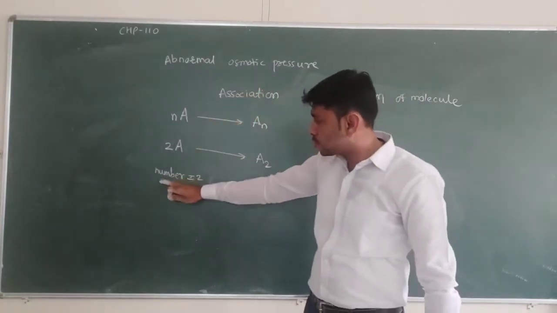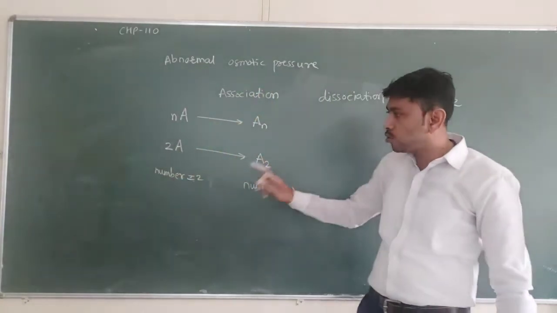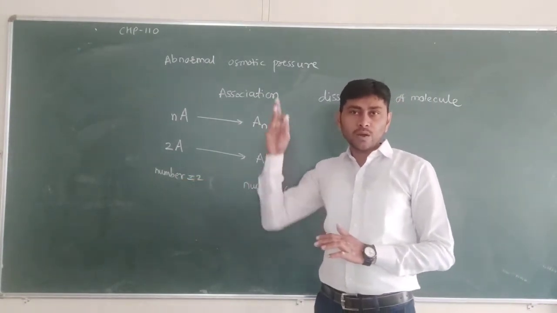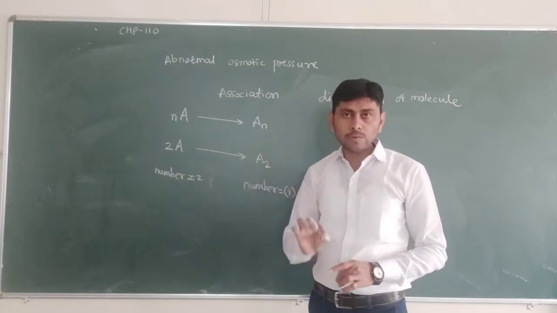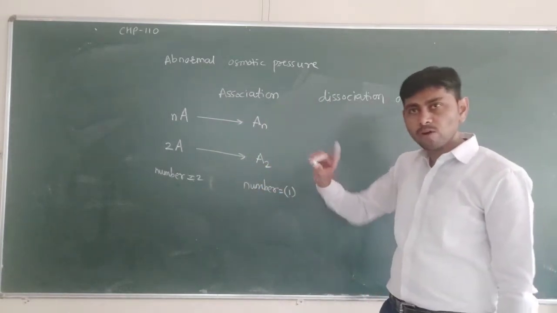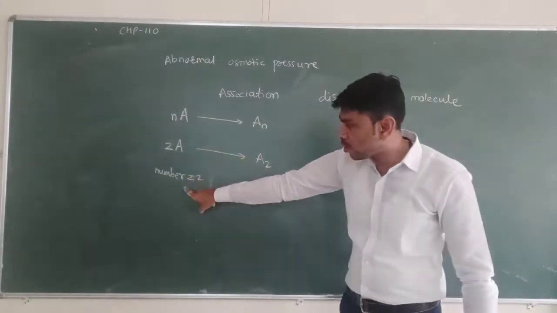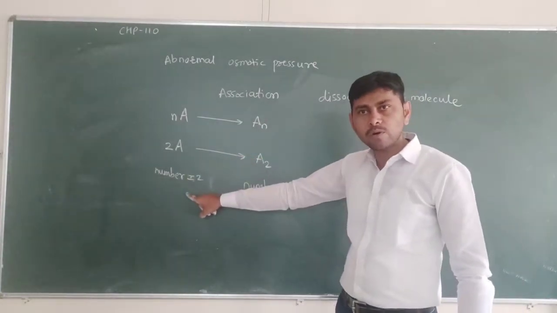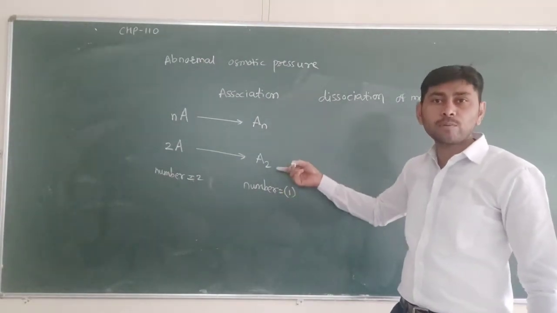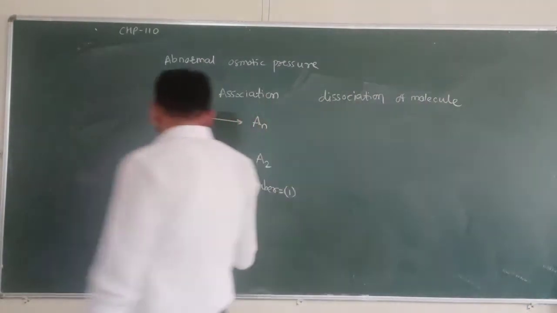So these molecules associate, due to which the number changes, and we know that if the number changes, then osmotic pressure or colligative property changes, because these properties depend on the number of molecules.